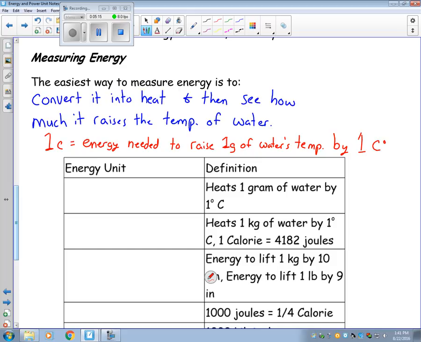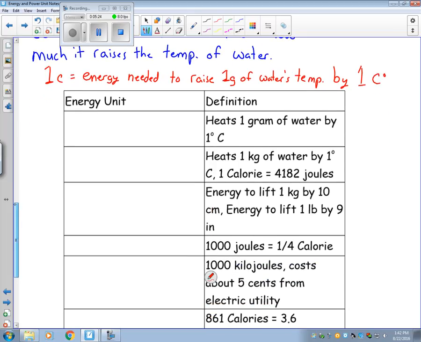So 1 science calorie, if I apply that energy to 1 gram of water, its temperature will increase by 1 degree Celsius. So that's a definition of a calorie.